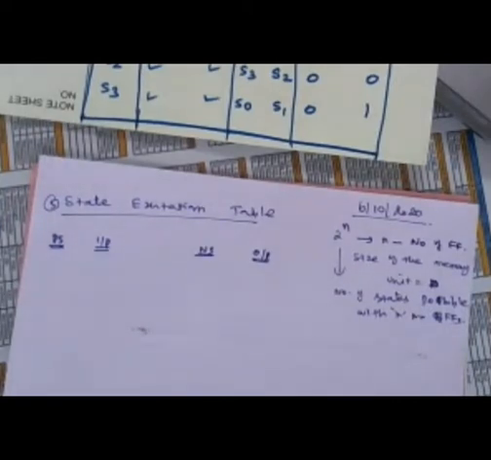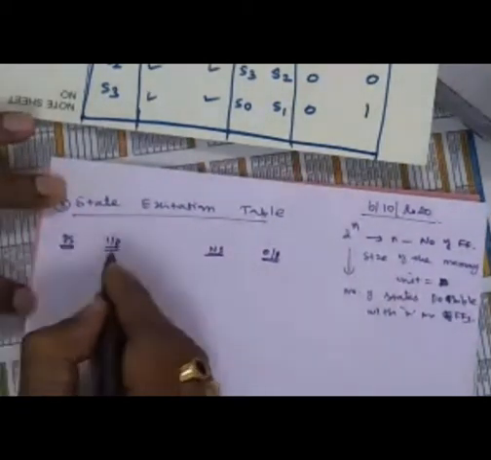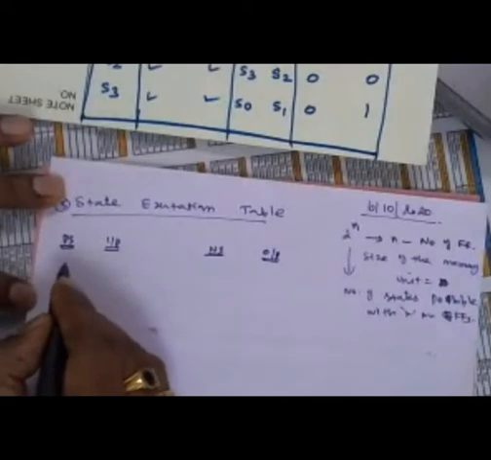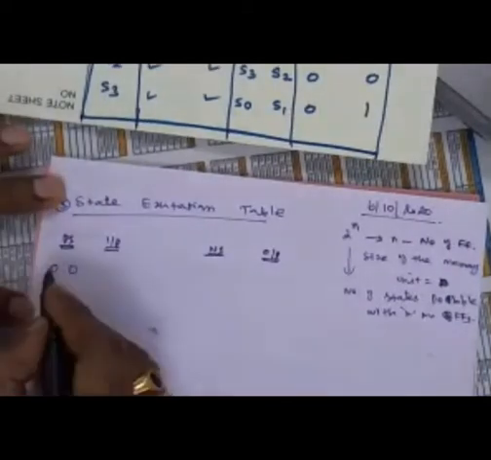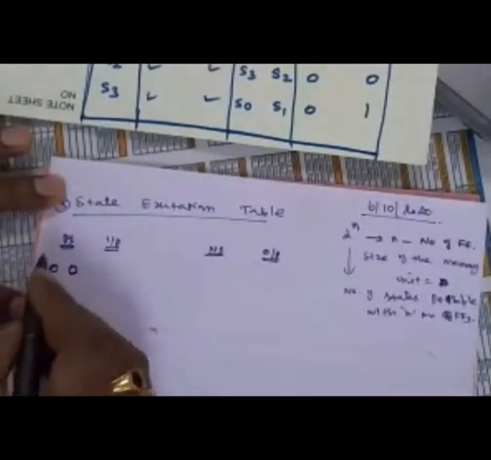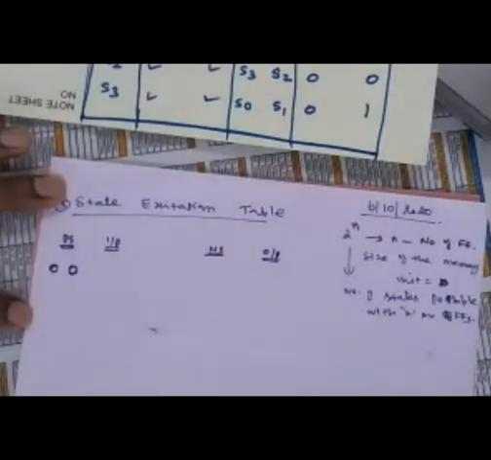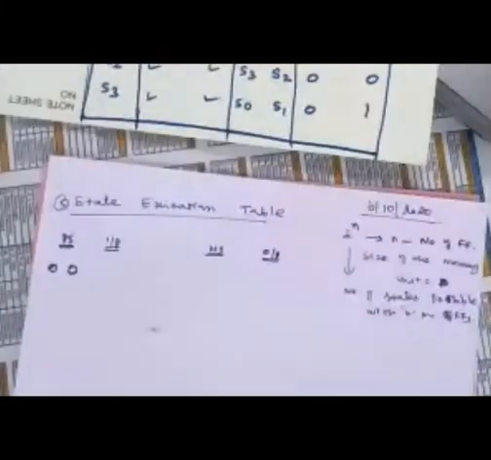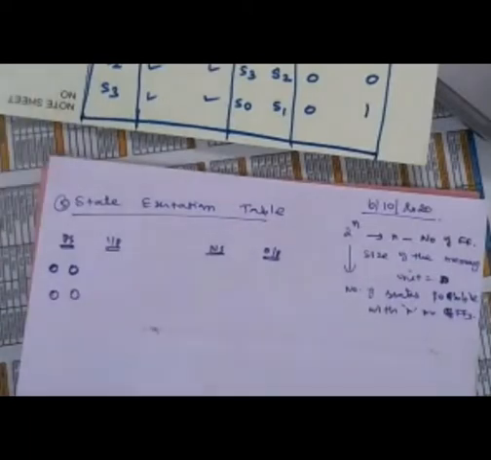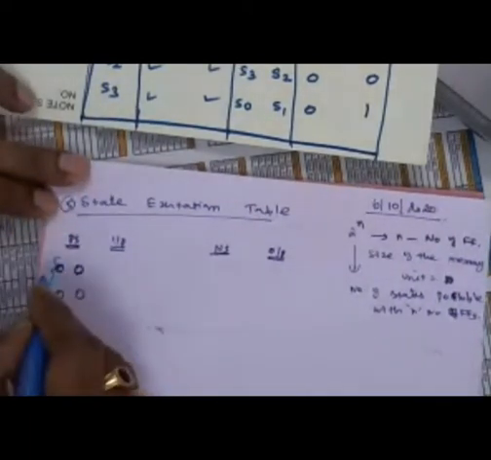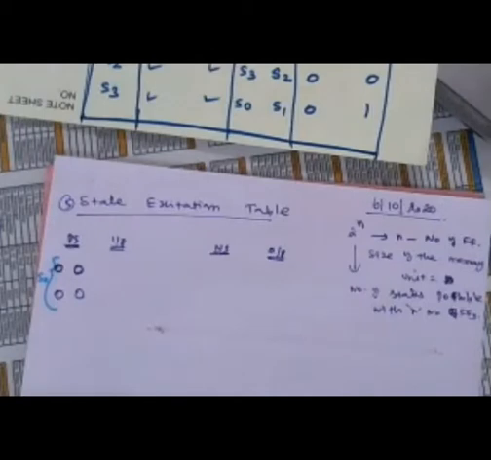Suppose S0 is the present state, I'm representing it by 0 0. These 2 bits, 0 0, indicate the state S0 here.